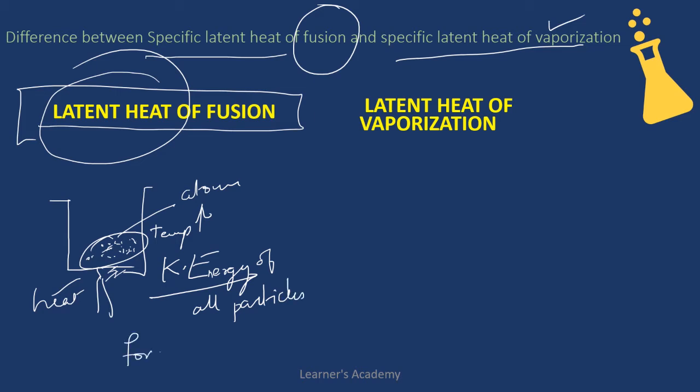See, in case of solid, all the atoms and molecules are held together with a lot of attraction between them. That is why they are solid, and that force of attraction is a little less in case of liquids and is very least in case of gases.